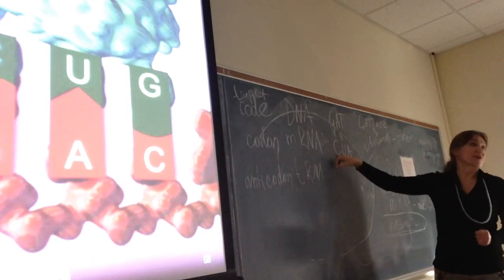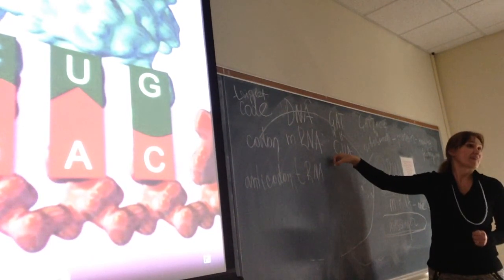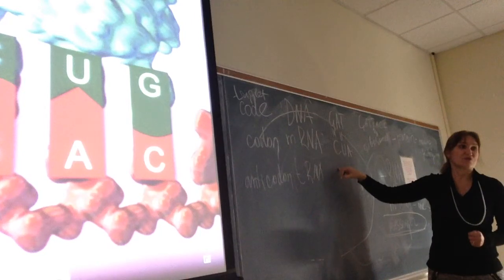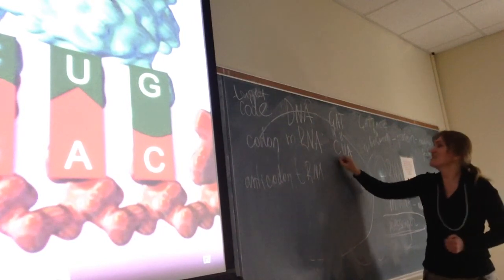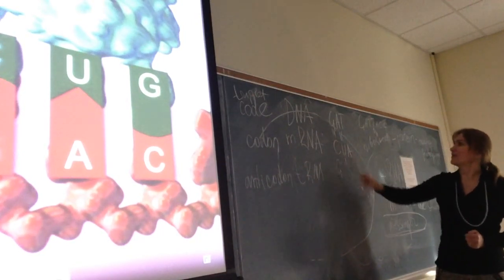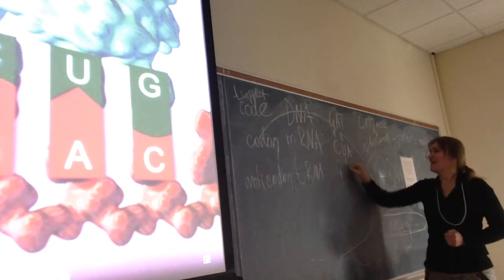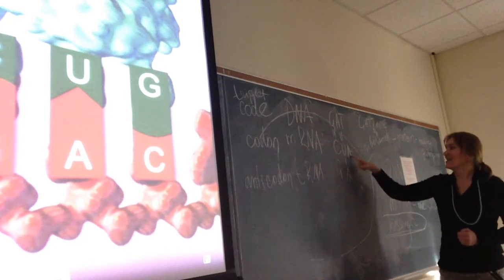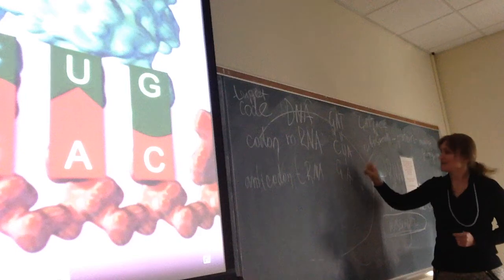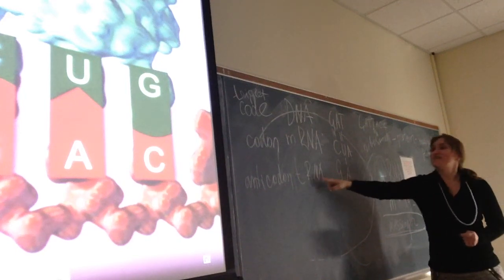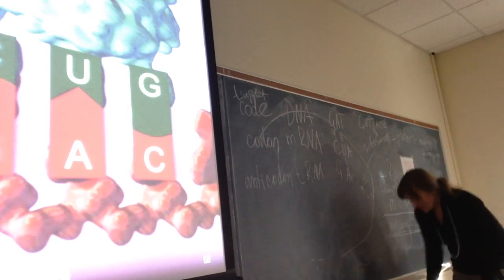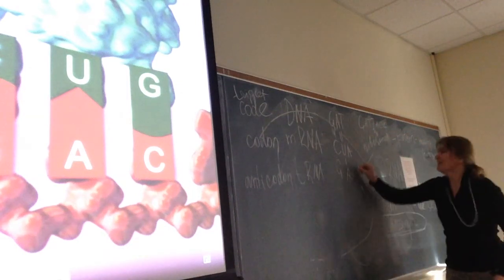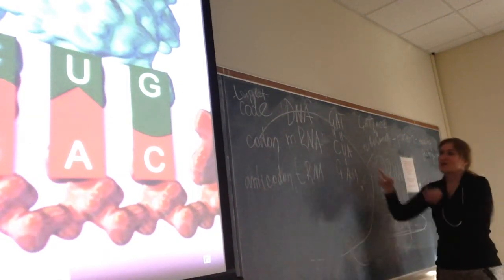And now C becomes what? Come on, which letter should I put in here? G. Good. U becomes A. And A becomes not T. We're dealing with RNA, so it's U. Okay? That's the only thing you have to remember.